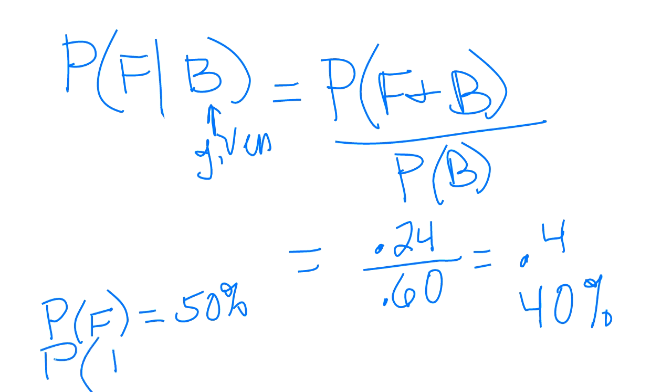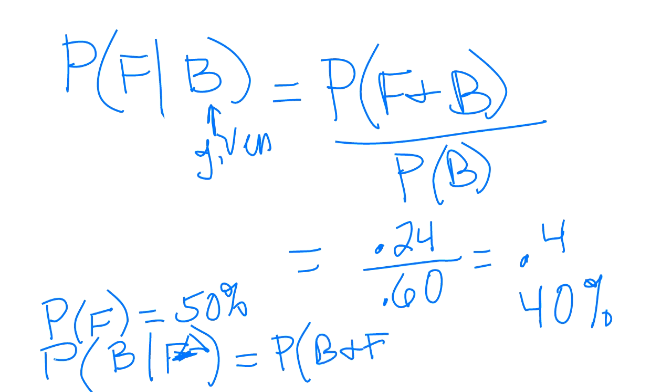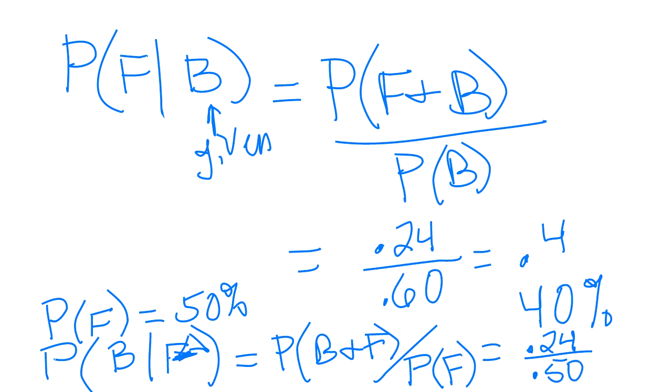The probability that you play baseball given that you play football is the probability that you play baseball and football divided by the probability of football. So whatever we know about football goes in the denominator. So baseball and football, again, is 24%. That was given in the problem. And probability you play football, again, I just made that up, is 50%. So this answer would be 48%.